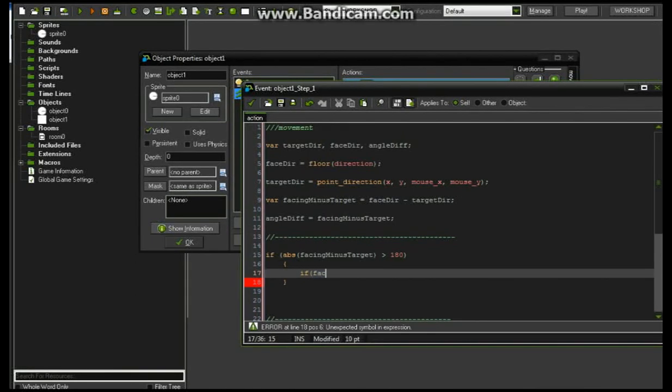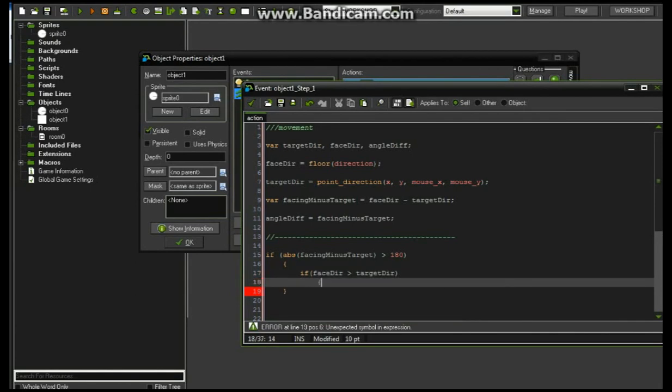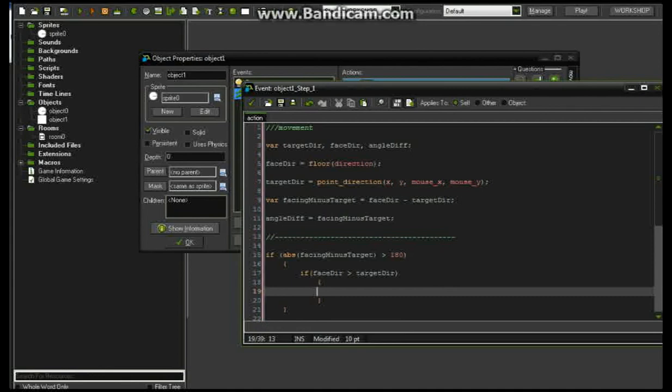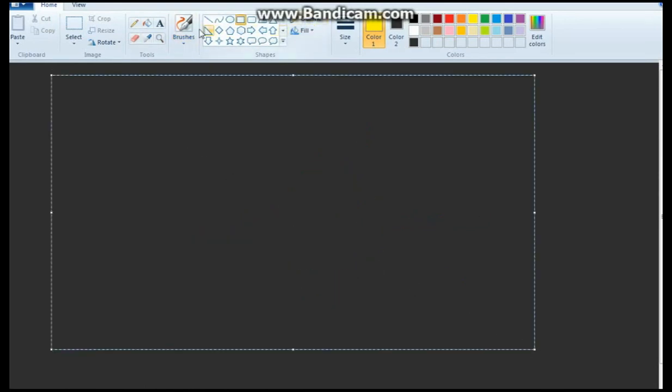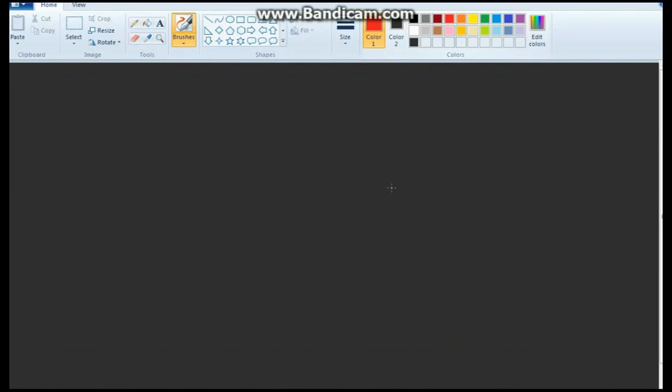If facing direction is greater than our target's direction, so facing greater than target, it's this right here.